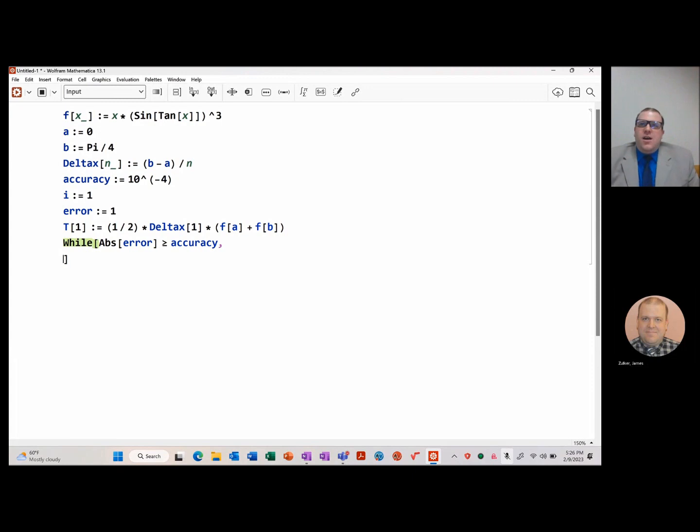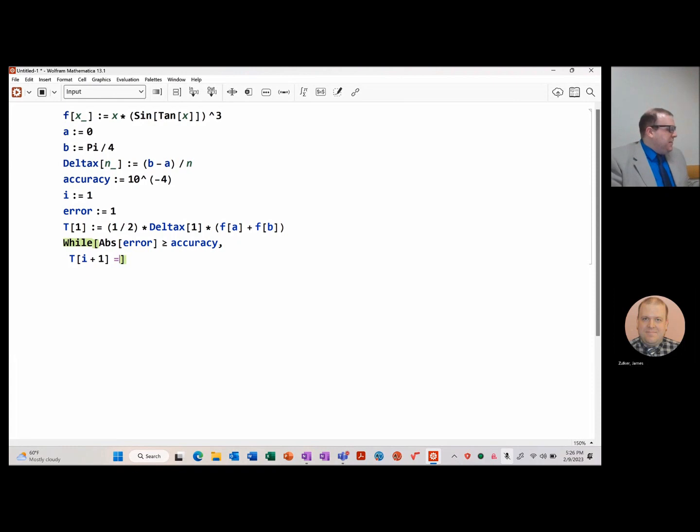Now for the actual body of the loop itself. We want to calculate the next term, the next trapezoid term, right? So we're going to want to calculate T2, then T3, T4, and so on and so forth.